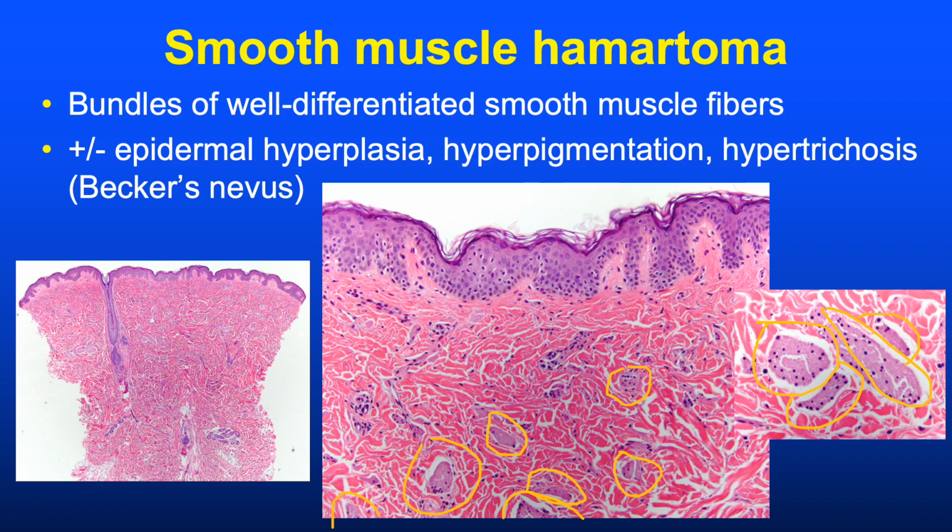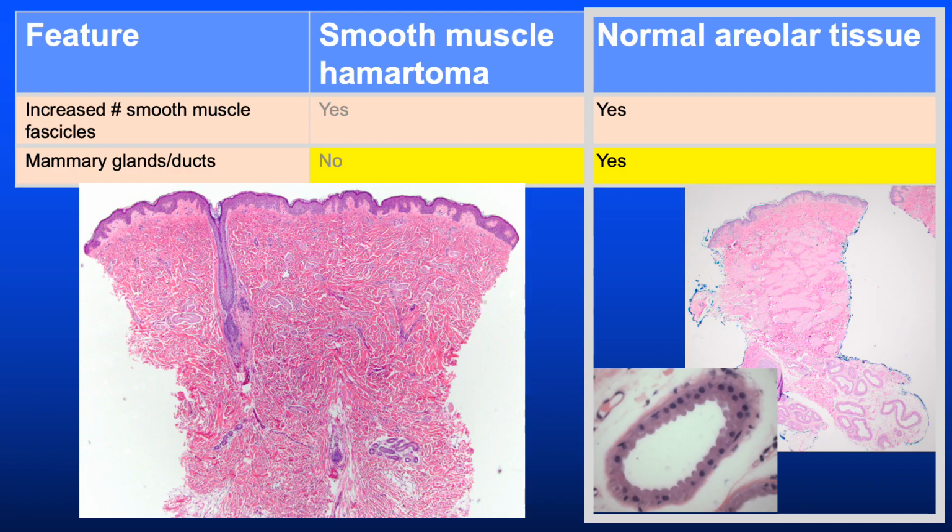And there can be variable epidermal and epithelial changes with hyperplasia, hyperpigmentation, and increased hair growth in cases associated with Becker's nevus. Smooth muscle hamartoma can occur on the trunk, where it can also bear some histologic resemblance with normal areolar tissue. Both entities are characterized by increased numbers of fully differentiated smooth muscle fibers in the dermis.